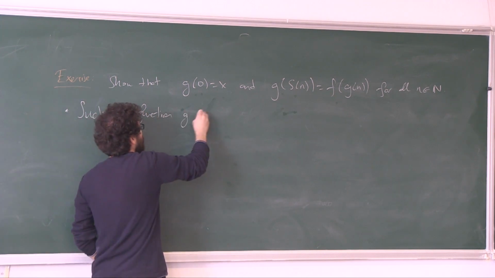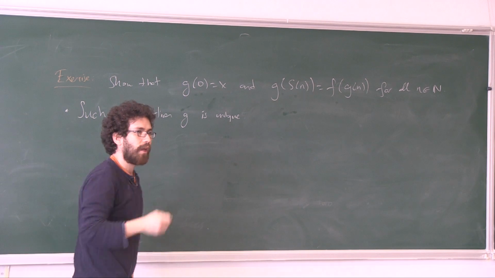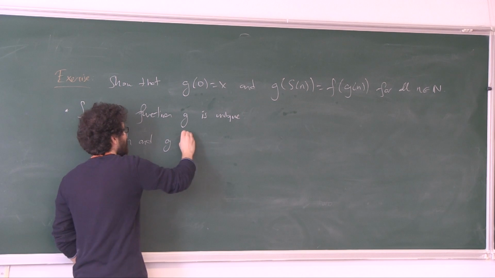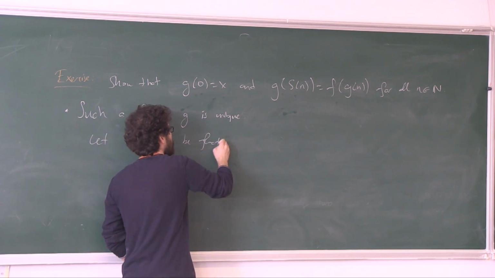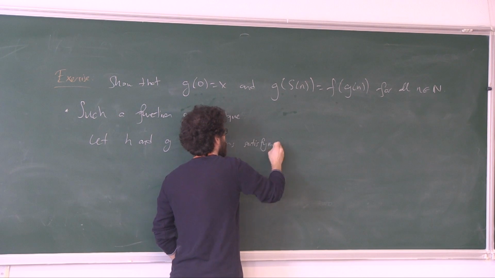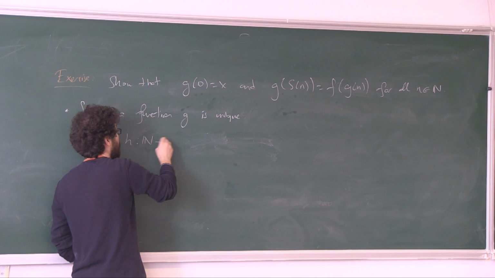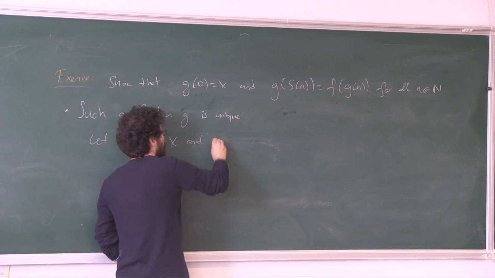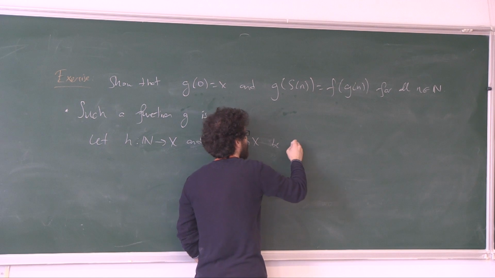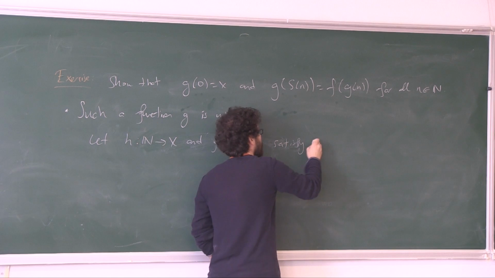Such a function g is unique. Okay, let h and g be functions satisfying, these are supposed to be functions from natural numbers to x, these satisfy star.